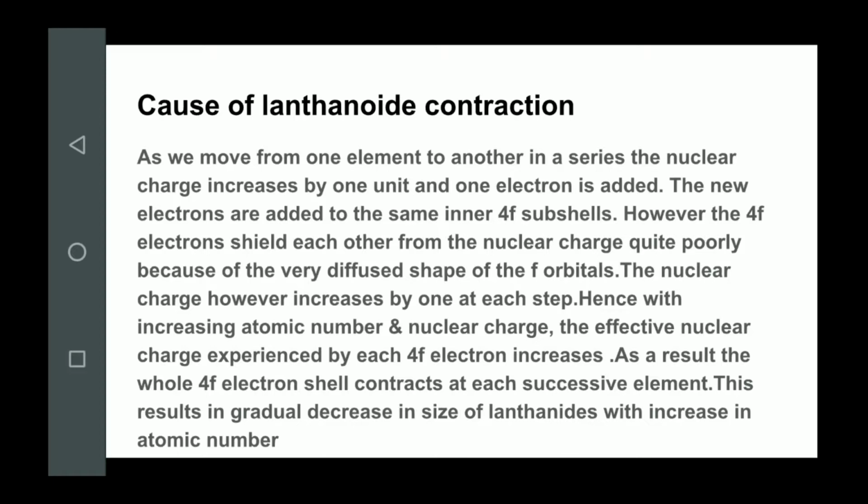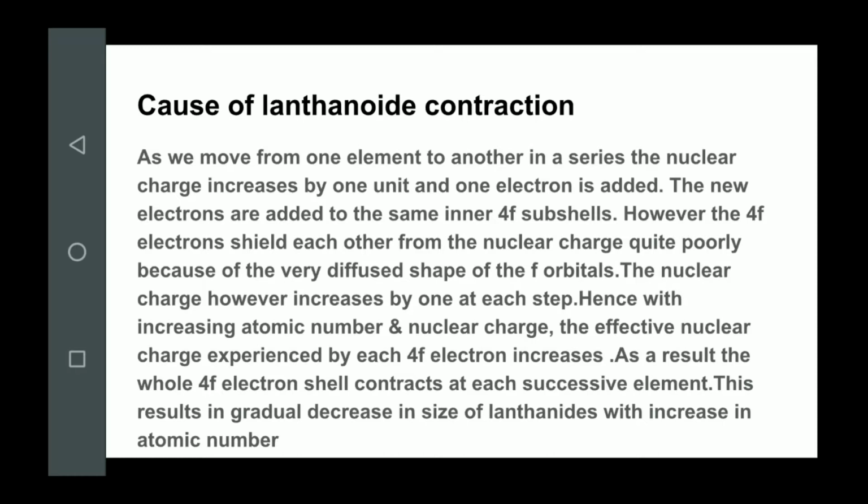The new electrons are added to the same inner 4f subshell. In case of lanthanides, whenever we move from one lanthanoid element to another, one more electron is added to the 4f subshell, which is quite inside the outer 6s orbital. However, the 4f electrons shield each other from the nuclear charge quite poorly because of the very diffuse shape of the f orbital.